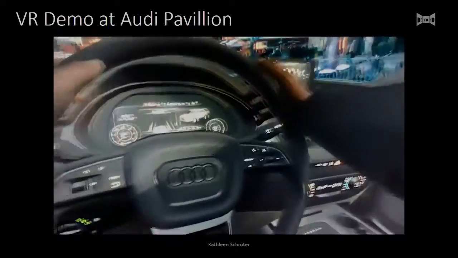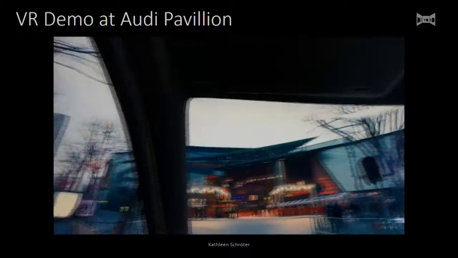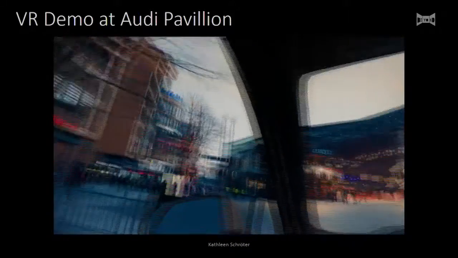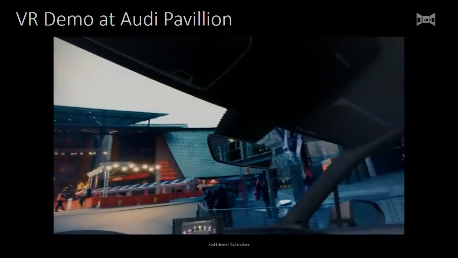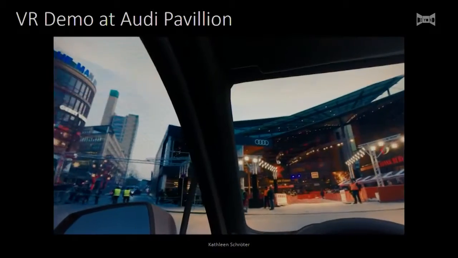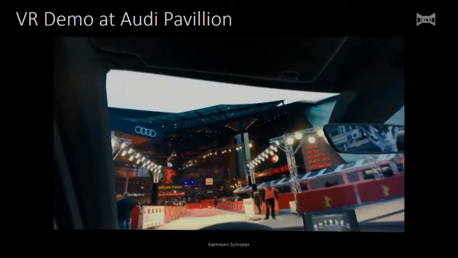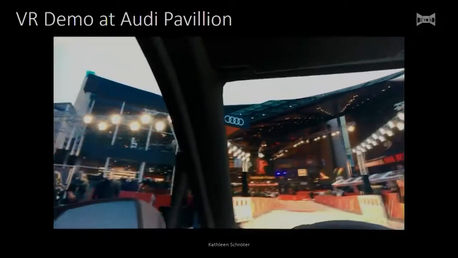The video you see outside of the car is from our 360 camera, and the other part is obviously CGI. What we see is a new Audi, a new car that is just a prototype and not physically already finished. So you could do that because there are CGI models of all the cars, of all the prototypes.